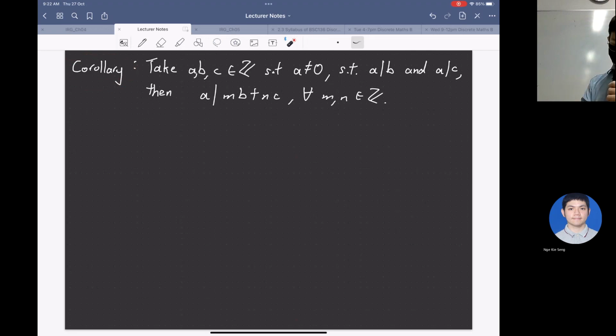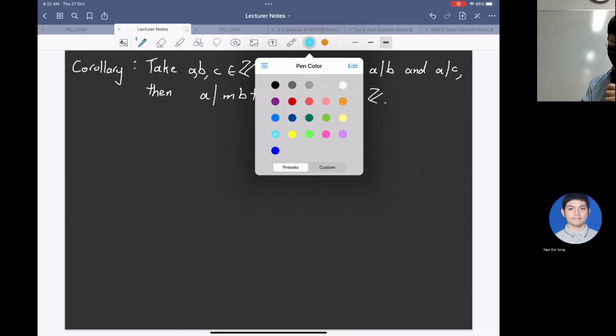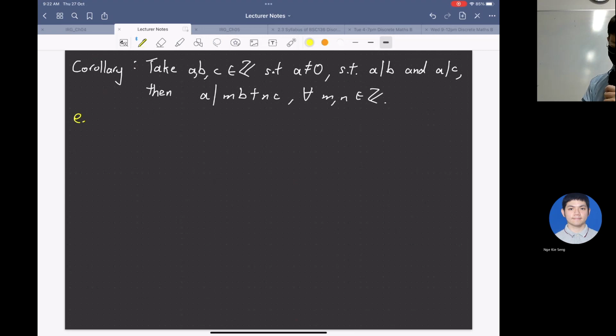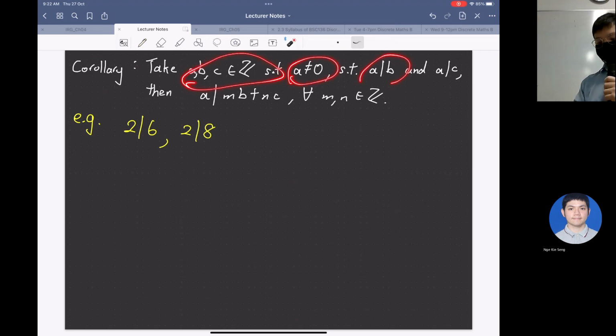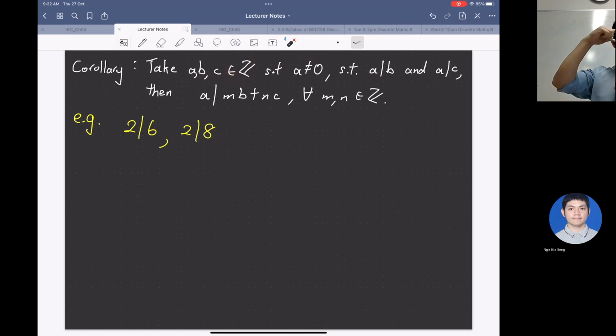But I want you to appreciate this theorem. For example, 2 divides 6, and 2 divides 8. Every time we talk about these numbers, maybe it seems abstract to you because it is all just A, B, C. So whenever I talk about this A, B, C thing, you should have some example in your mind.